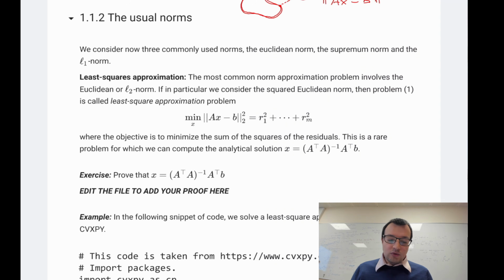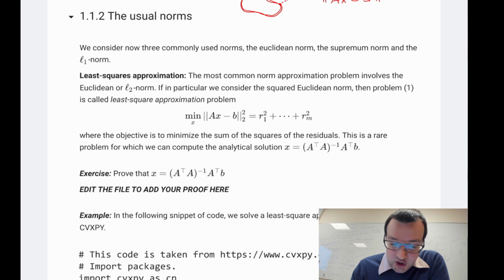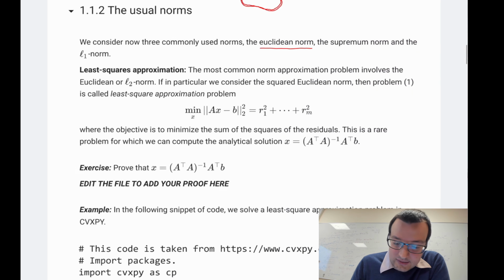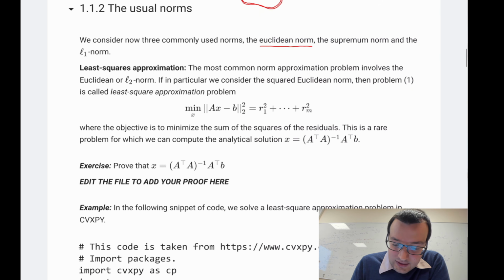Now we're going to look at some special cases of usual norms. The first norm that we're going to look at is the Euclidean norm. The Euclidean norm is indicated by the little 2 over here, and actually what we consider here is the squared Euclidean norm.